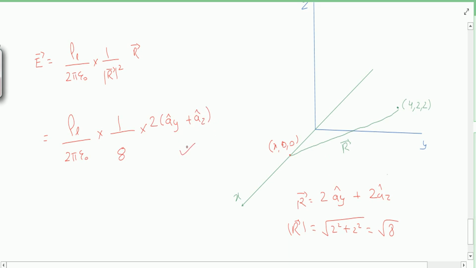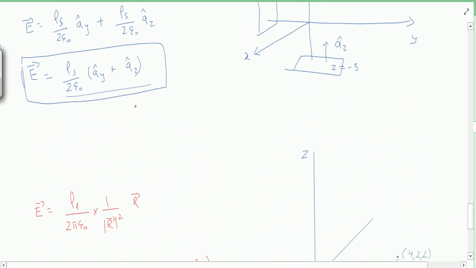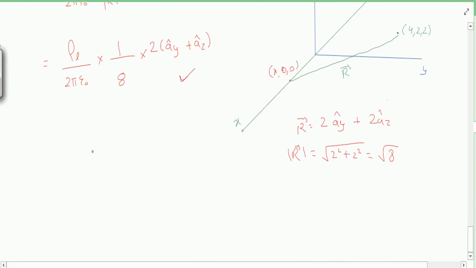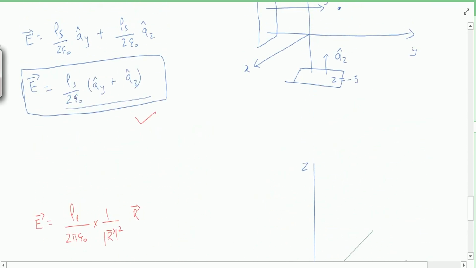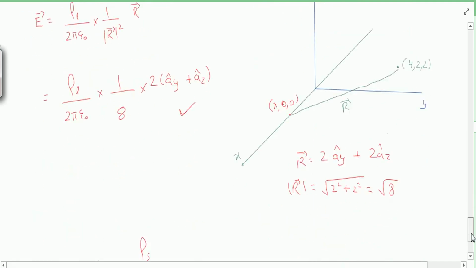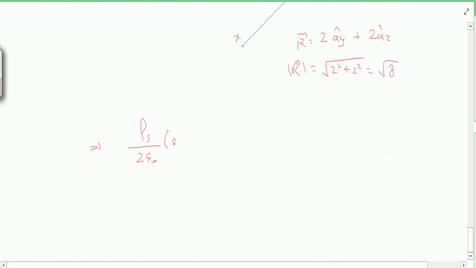Now this electric field has to be equal to the electric field produced by the surface charge, so I can equate these two electric fields. The first one was rho s by 2 epsilon naught into (ay cap plus az cap).